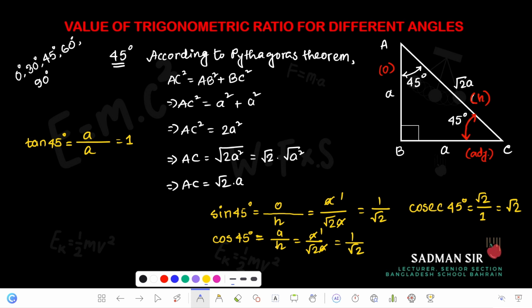Same goes for cos also. The opposite of cos is sec 45, so it will also be the same: 1 by root 2 will become root 2 divided by 1, so I can write root 2. And then for cot 45, if it is a by a and I make it reciprocal, still it will be a by a, and the answer will still be 1, right?